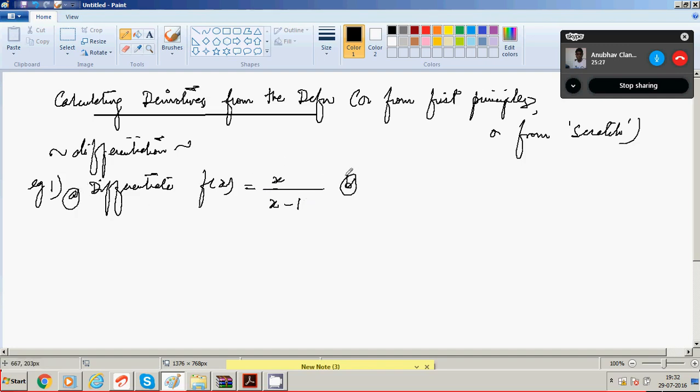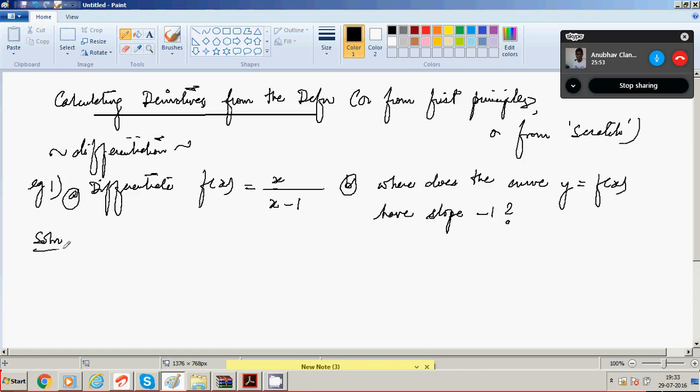Part B, where does the curve y equal to f of x have slope minus 1?